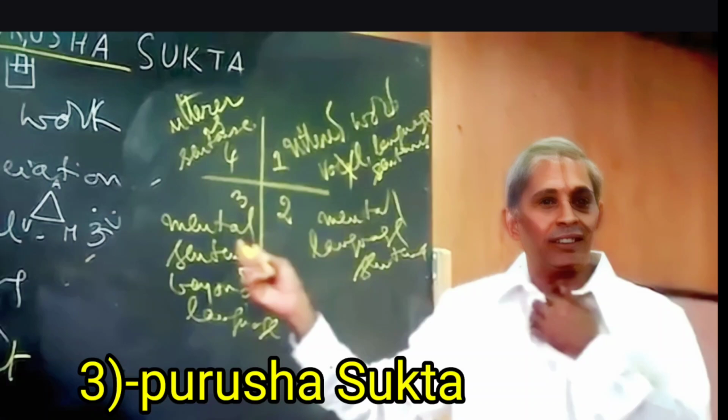This is what is called the scripture Bhagavatam, Srimad Bhagavatam. Bhagavatam is of 12 cantos. In the first canto, the death of Lord Krishna is described. In the 10th canto, the birth and the growth of Lord Krishna is described.